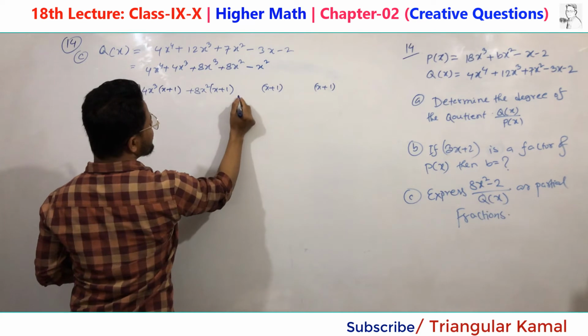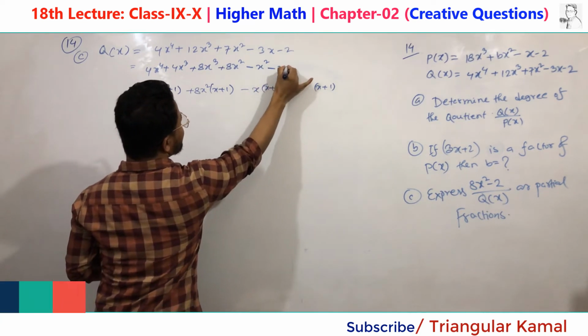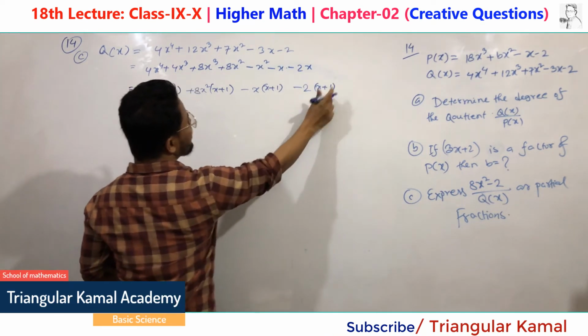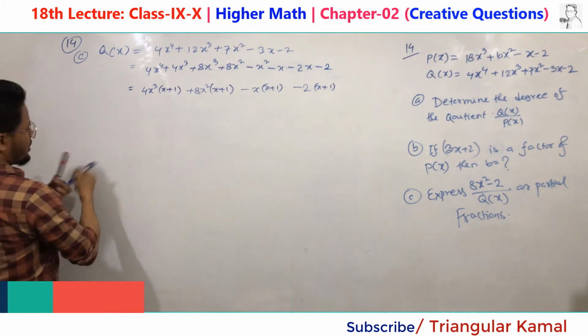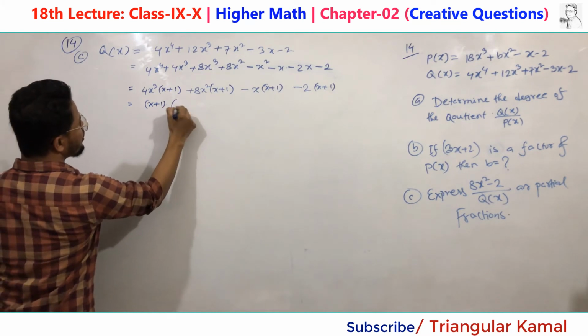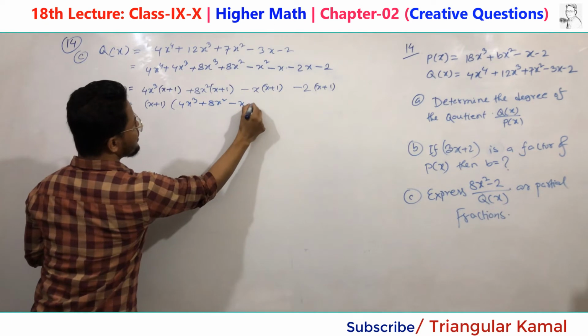Then x plus 1 inside the bracket, there will be only x. Then multiply minus x, here remaining minus twice x, so minus 2 is common, then multiply, you will get 2. Okay, now find the common one, x plus 1, the remaining 4x cube plus 8x square minus x minus 2.